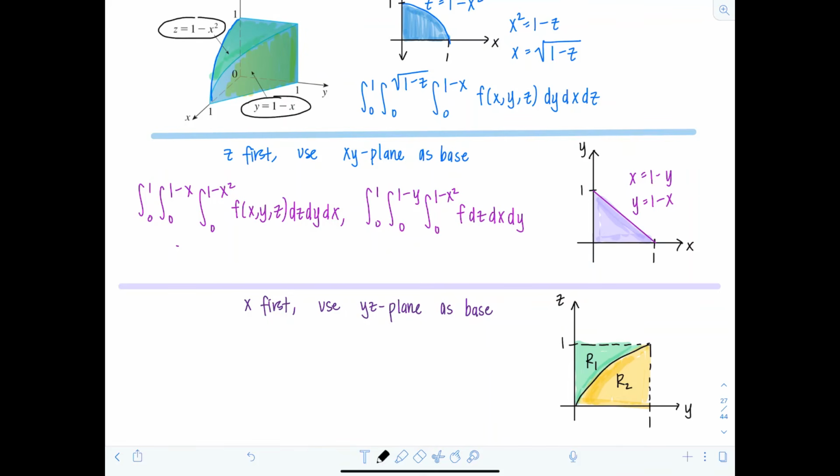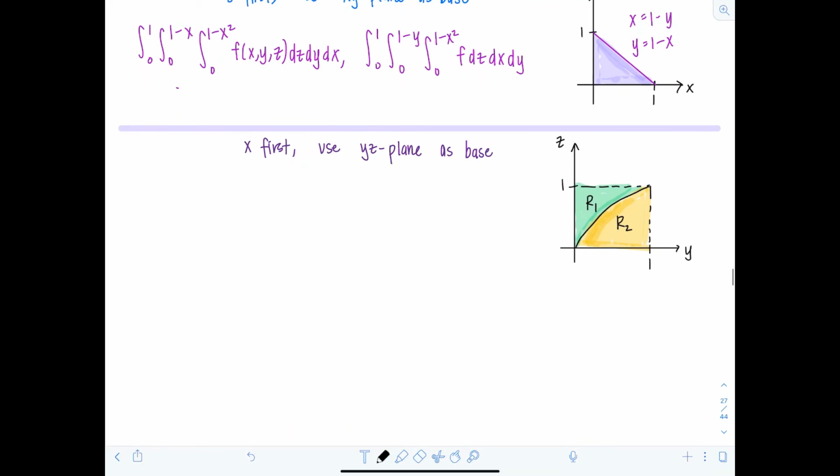Okay, so what I'm going to do is use substitution. So we have z equals 1 minus x squared in this portion, and then y equals 1 minus x in this portion, which means that x is equal to 1 minus y, right? So I'm going to substitute that in for x into the other equation, which means z is equal to 1 minus (1 minus y) squared.